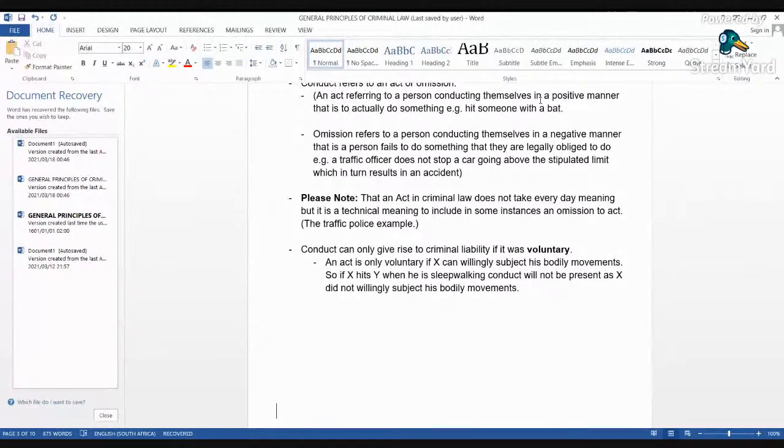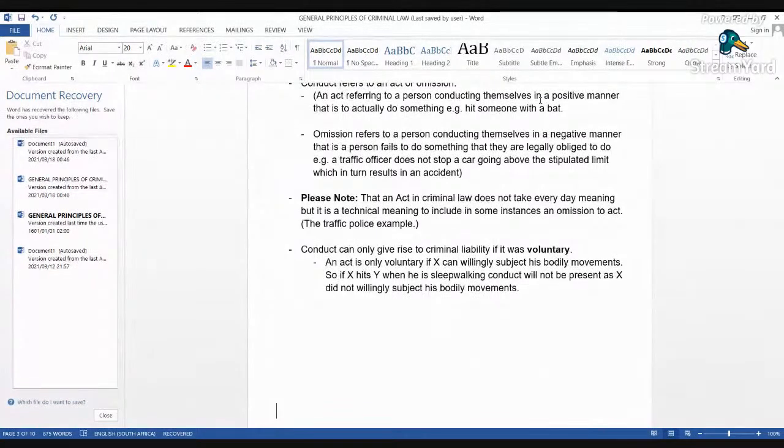A very great example, which we find in the study guide, is if X, in his sleep, is walking and hits someone, X will not be regarded as having acted because his movements were not voluntary. He was asleep, so he did not willingly and intentionally subject his bodily movements to his intellect.